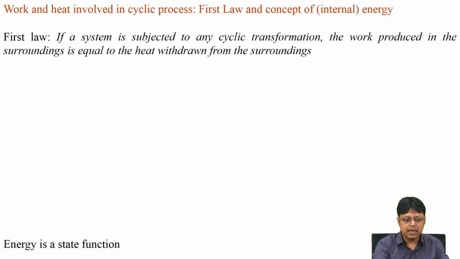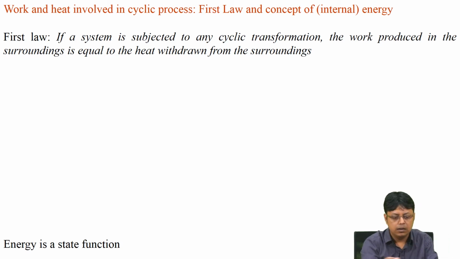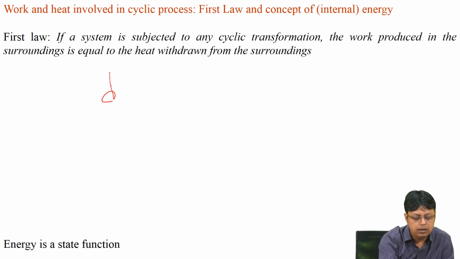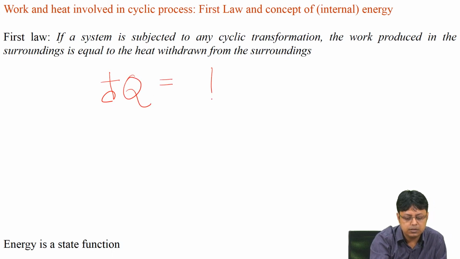Here we say that if a system is subjected to any cyclic transformation, the work produced in the surroundings will be the heat withdrawn from the surroundings, and that is how we formulated the first law: đQ in the cyclic process will be đW.